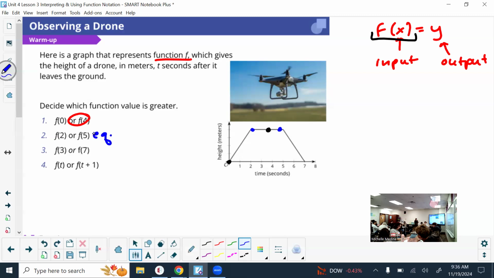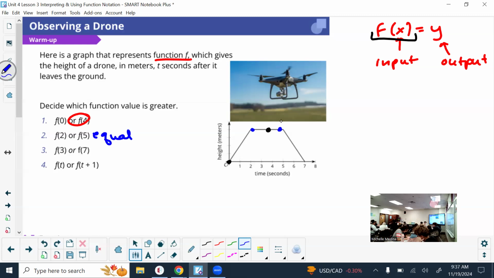Neither are greater, they're equal. Because, and we learned this on one of the other lessons, whenever it's completely flat, there's no increase or decrease, right? So if this is my height in meters, that means the drone was staying at the same height level. Questions on that?